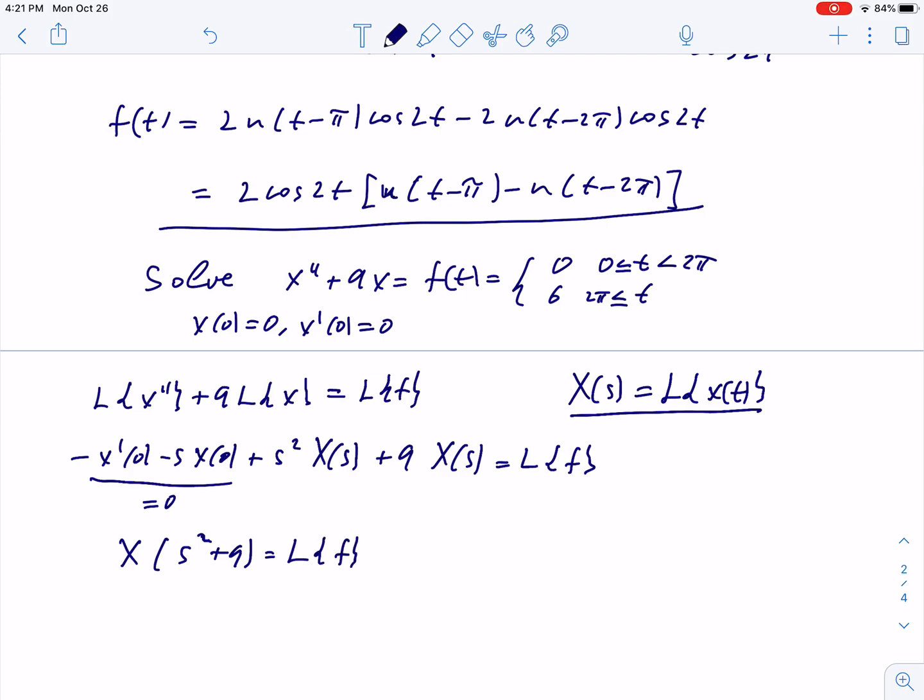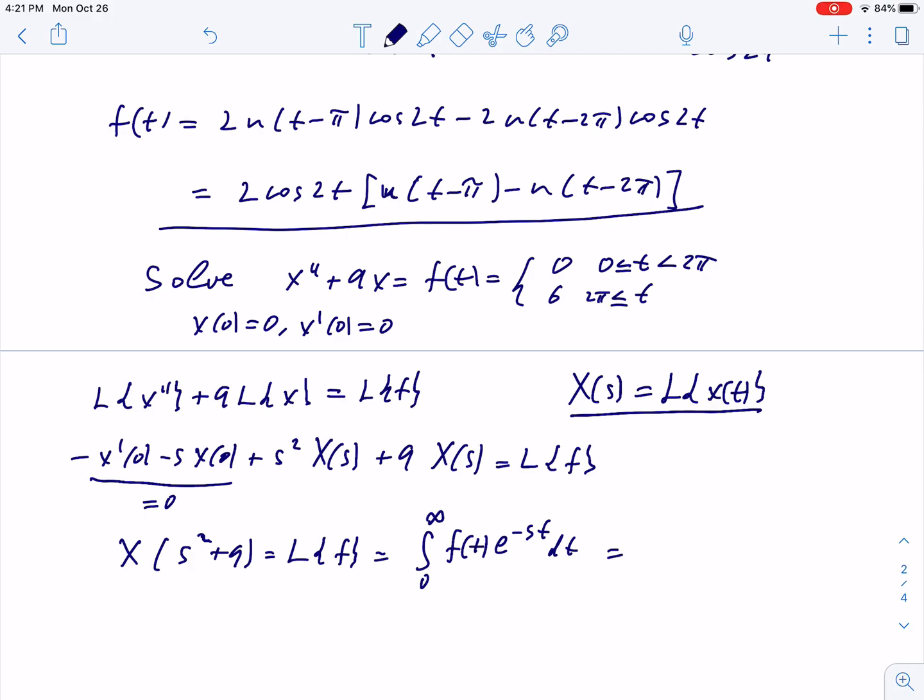Laplace f. Looking at the definition, we can use the definition for Laplace transform and write this integral from 0 to infinity of f(t) exponential minus st dt. The function is 0 between 0 and 2 pi, and from 2 pi to infinity it's 6.